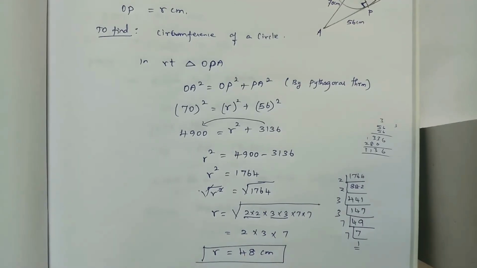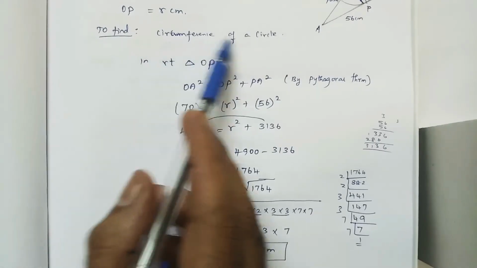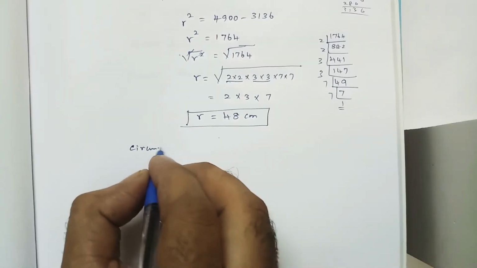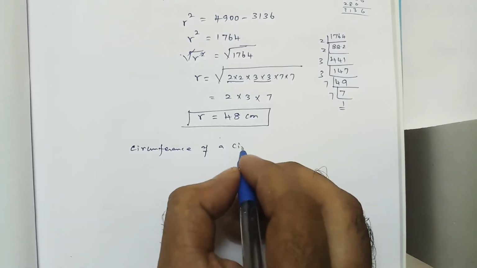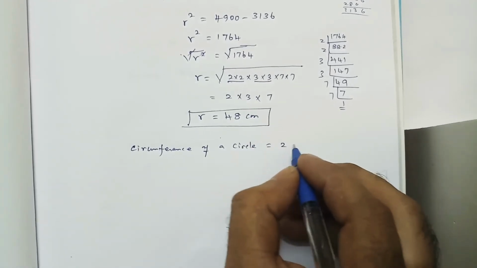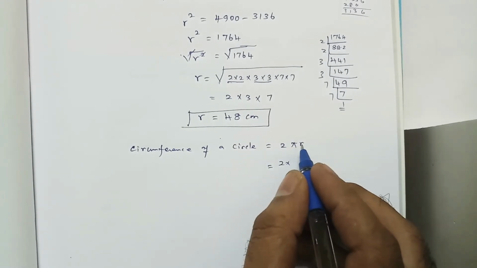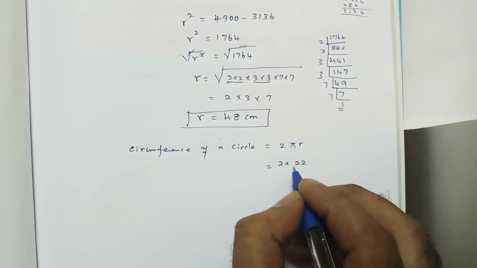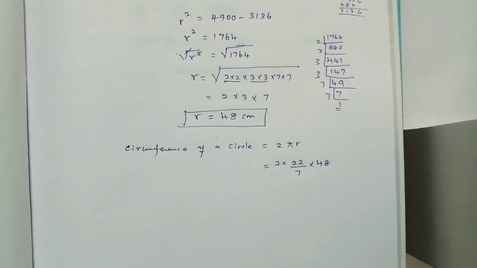Now we got the radius of the circle, but we want to find the circumference of the circle. Therefore, the circumference of a circle is equal to 2 pi r. The radius is a multiple of 7, so I am taking the pi value as 22 by 7. 22 by 7 into 42 centimeter.